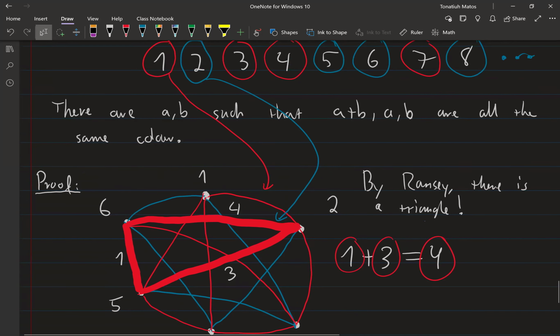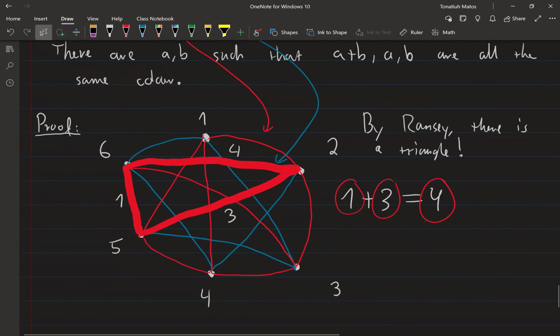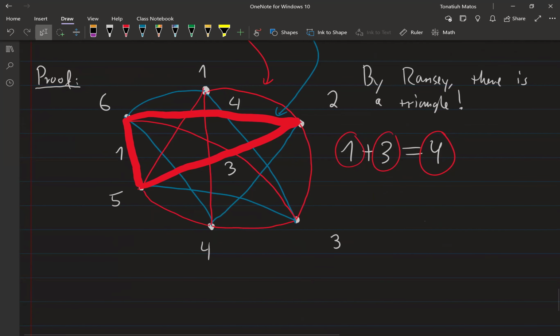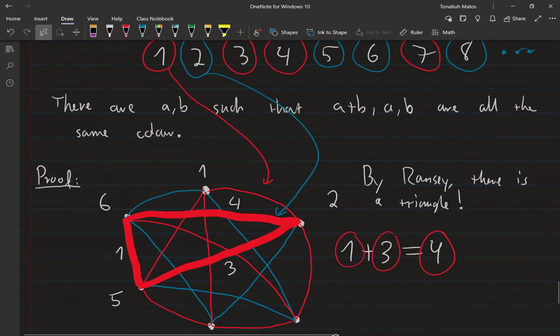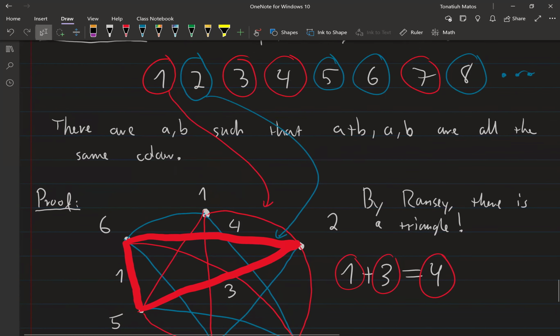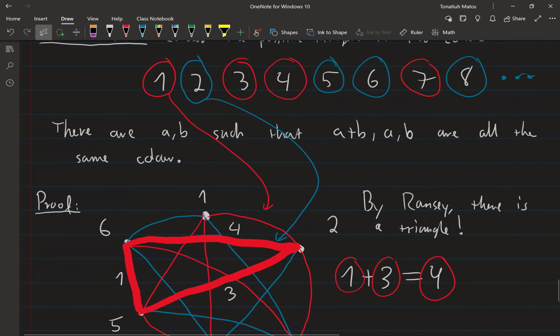Now, there's something worth pointing out. Here, 1, 3, and 4 are all different numbers. Now, that's not necessarily the case. Like I said in one of the first colorings that I brought up, 2 and 2 and 4 were blue. 2 plus 2 is 4. So they could repeat themselves.